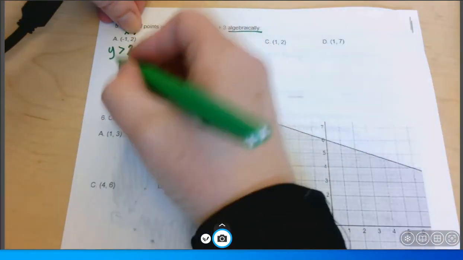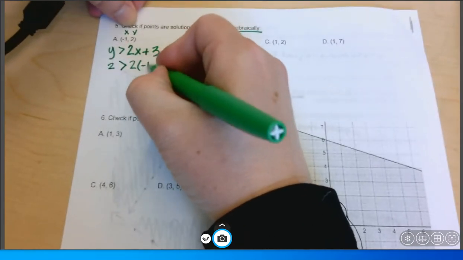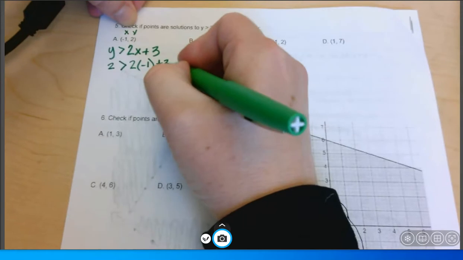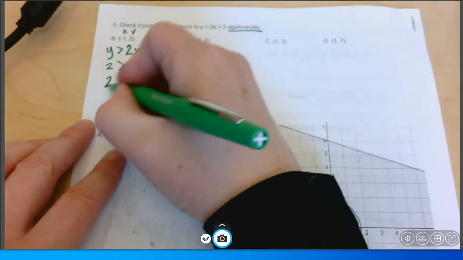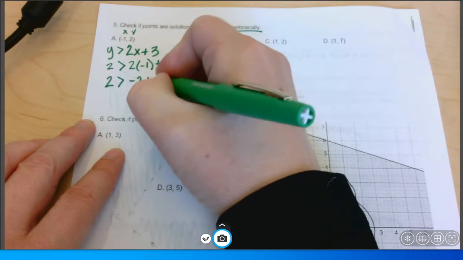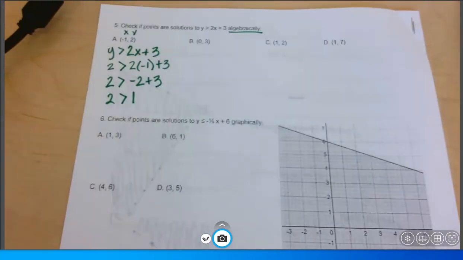So I'm putting the 2 for the y, greater than 2 times -1 plus 3. That gives me -2. And that gives me a 1. So I get 2 is greater than 1. Is that true or false?